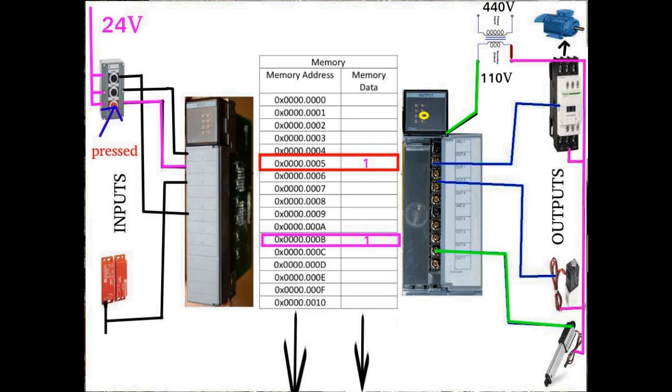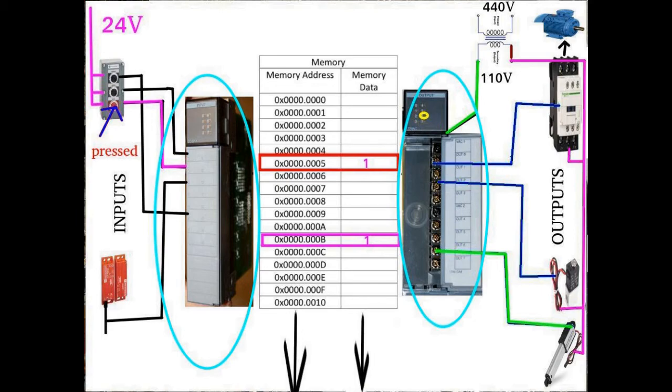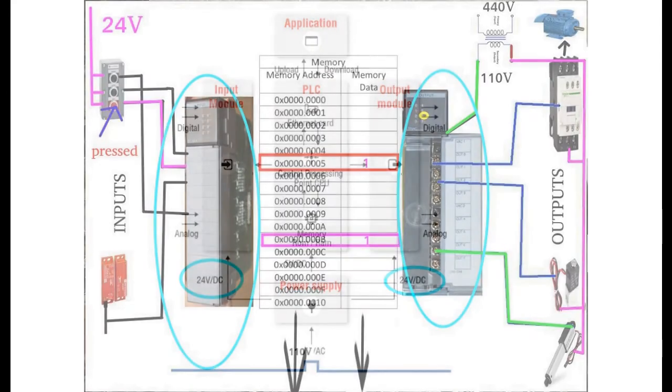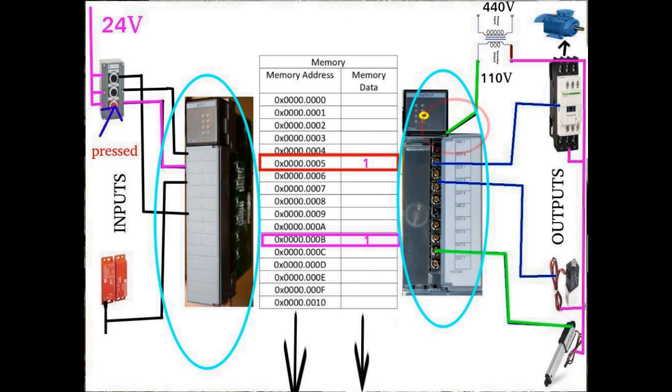Once the circuit is completed, the actuator will extend in this case. Both the input and the output module get 24 volts from the power supply so that they can function. But the output module also takes full voltage as a common line so it can redistribute it to energize components that are attached to it.